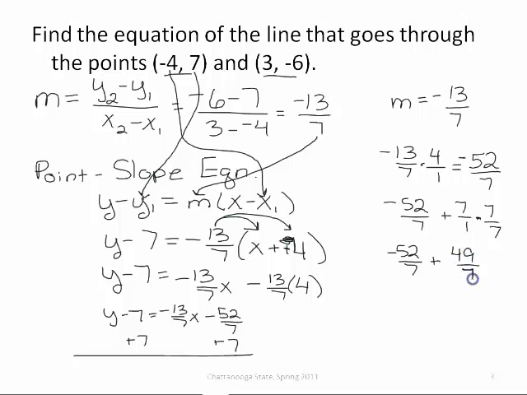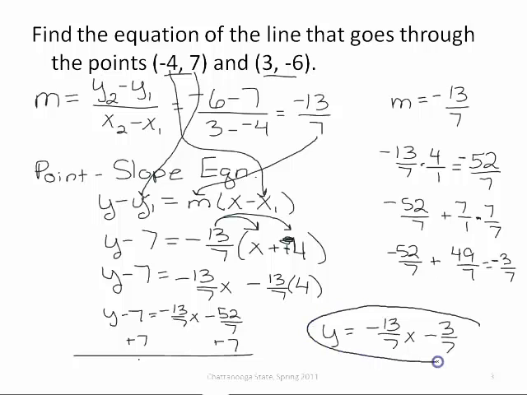So this will give me 49/7. Negative 52 plus 49 will give me negative 3/7. So I end up with y equals negative 13/7 x minus 3/7. To check yourself, you can plug your ordered pairs in and make sure that they do work in that equation.